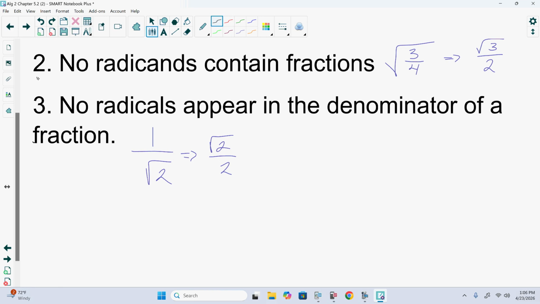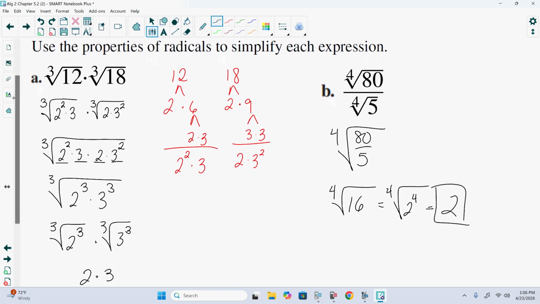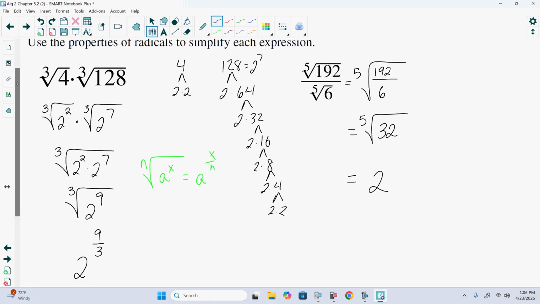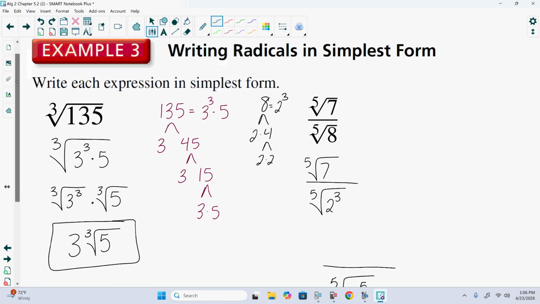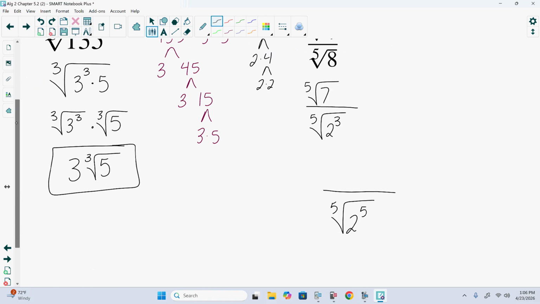We don't have that yet, but we need to find a way to get that to be there, yes? How many more 2's do I need on the bottom? 2. So what I can do is multiply the bottom by the 5th root of 2 squared.